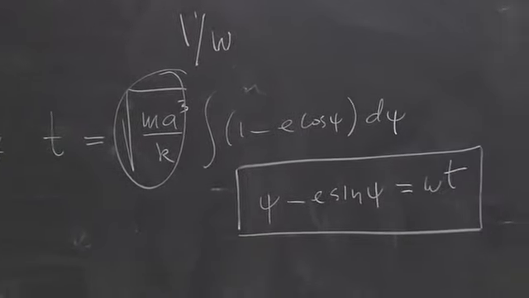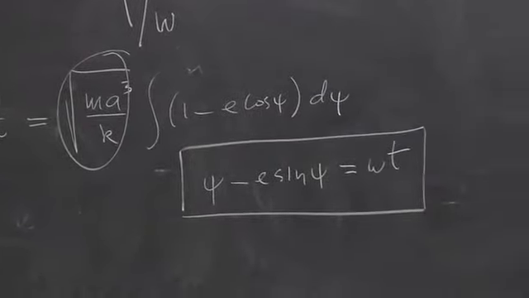So apparently I succeeded. This looked like an awful integral. I did a clever change of variables, and okay, this equation is called the Kepler equation, because this is the way he obtained Kepler's equation.